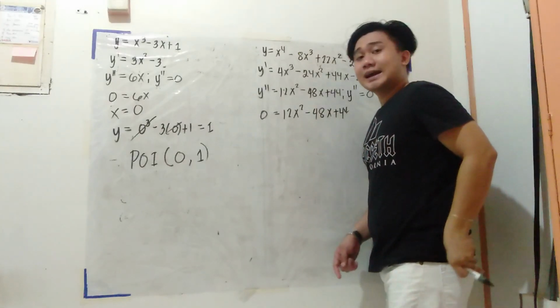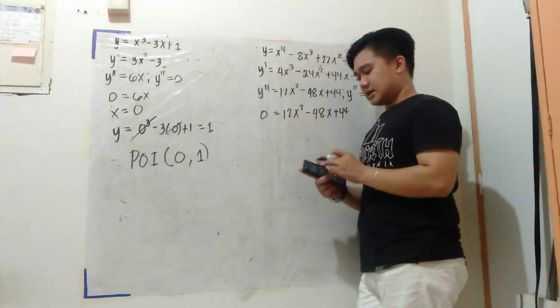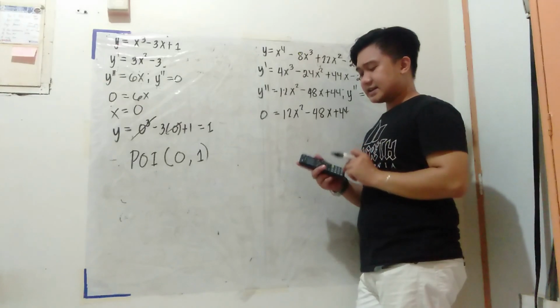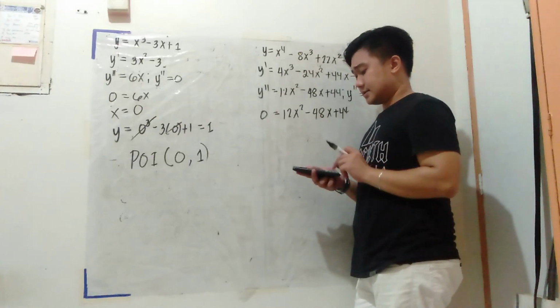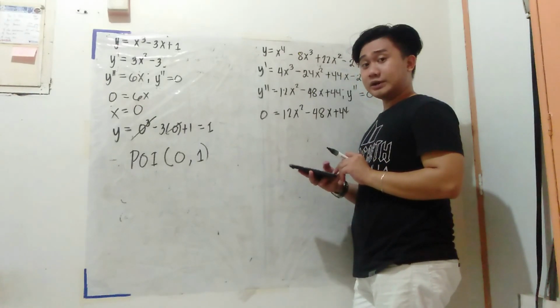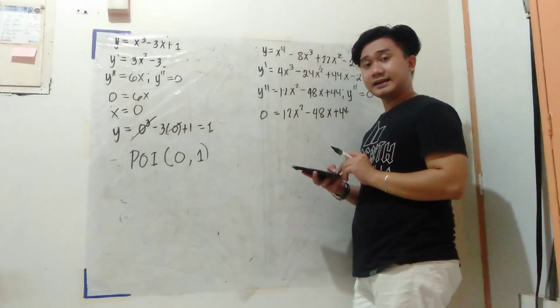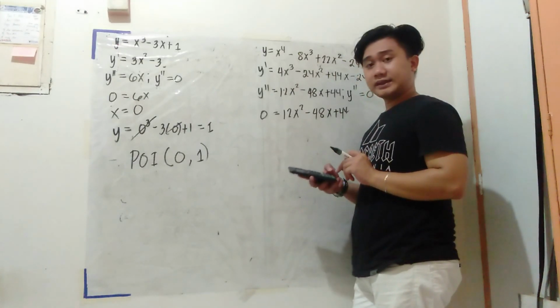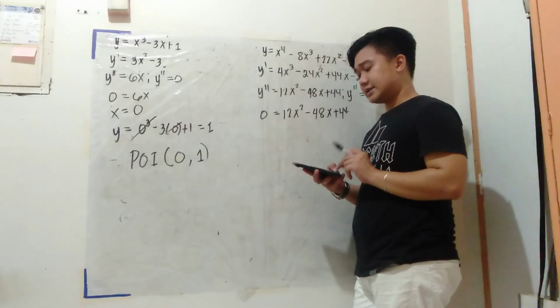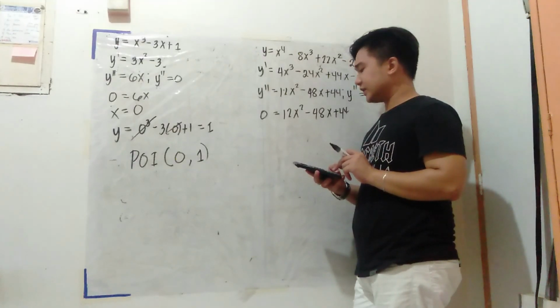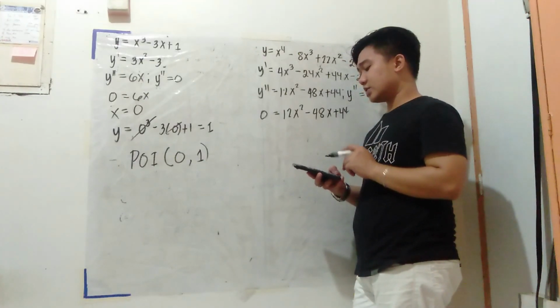And since quadratic yung equation natin, gamitin natin ang ating best friend na si Casio. Okay? So, mode 5-3 lang po ulit. Mode 5-3. Kasi, quadratic equation, second degree. So, 12 equals negative 48 equals 44 equals.